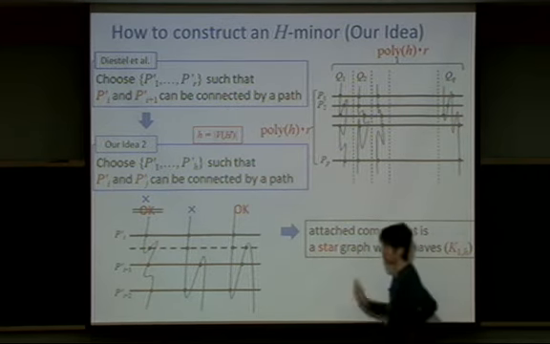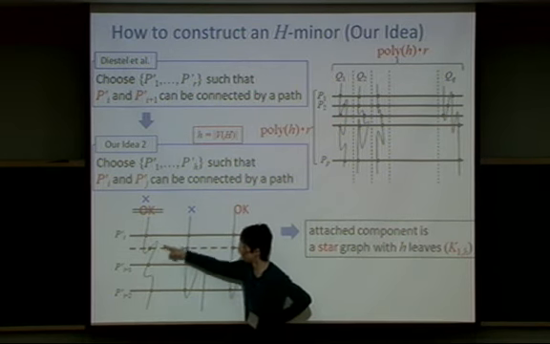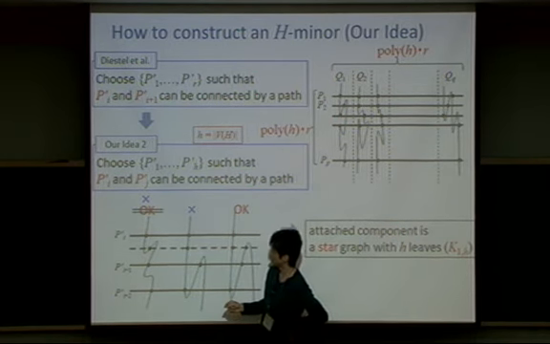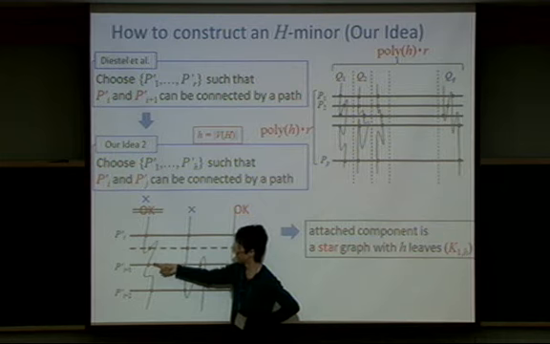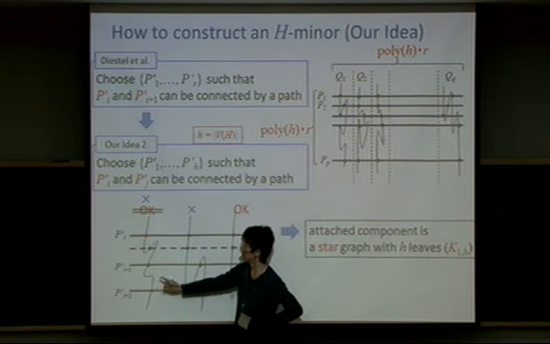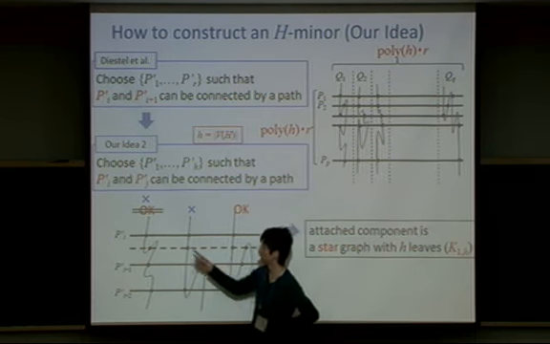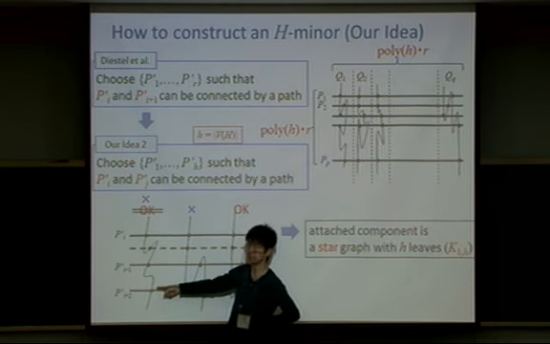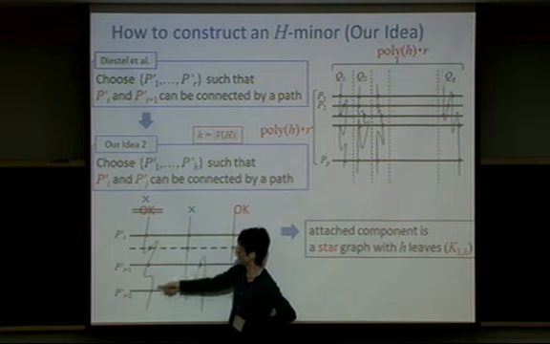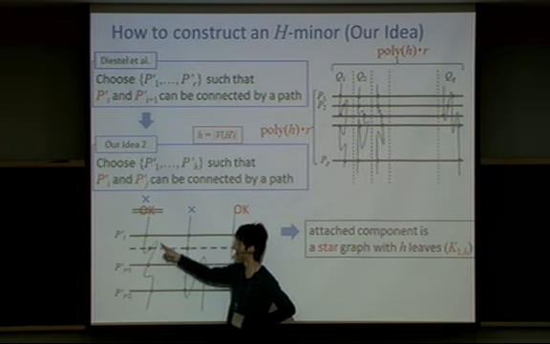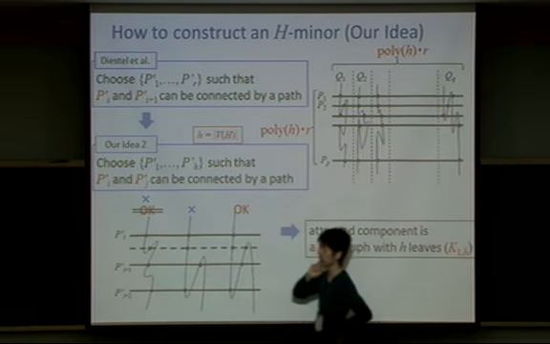In the original proof, this path is okay because we can connect Pi plus 1 and Pi plus 2. But in our case, this is a bad case because we cannot connect Pi and Pi plus 2. If we want to connect them by a path, then the path must intersect with Pi plus 1.